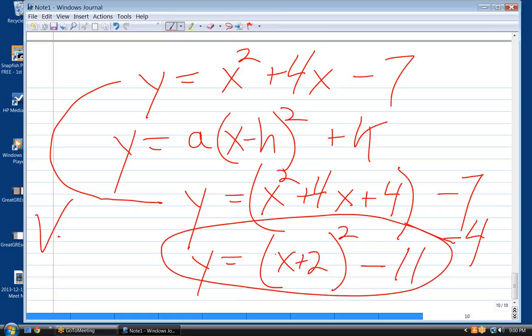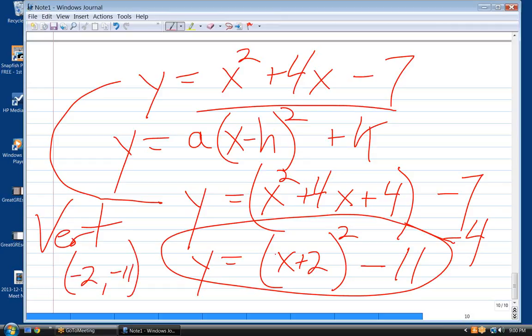What's the vertex? Negative 2, negative 11. Notice that our standard general form, it's x minus h. And h is the vertex.